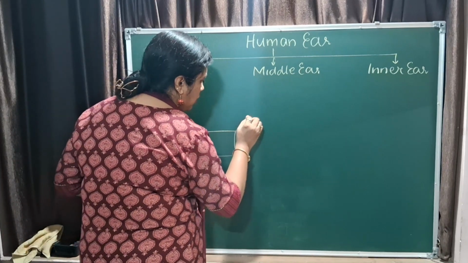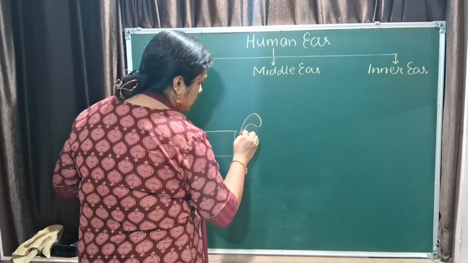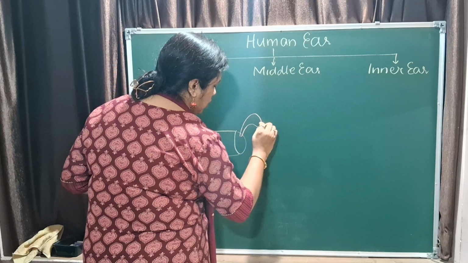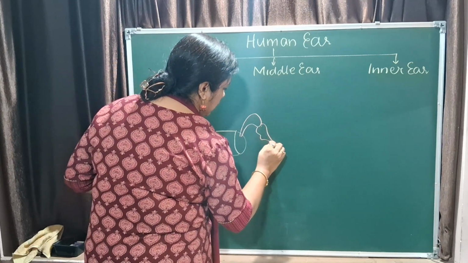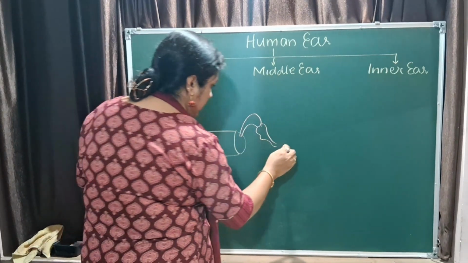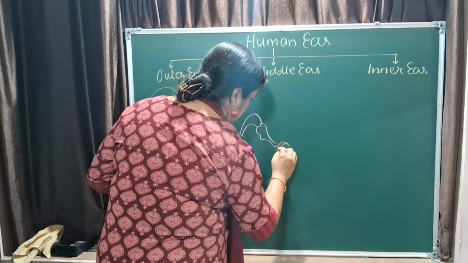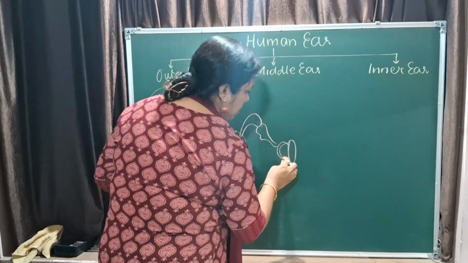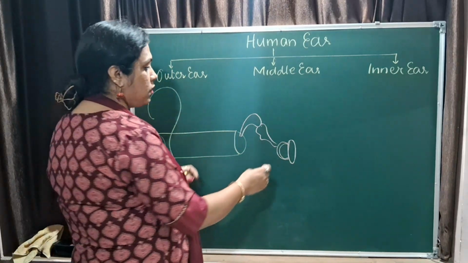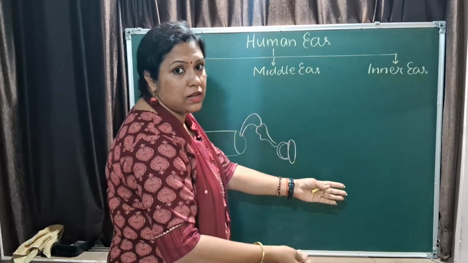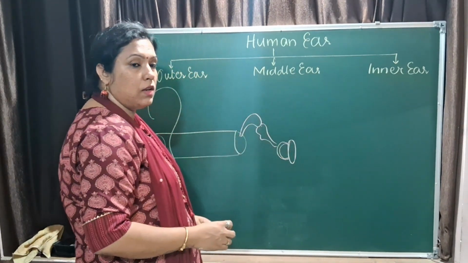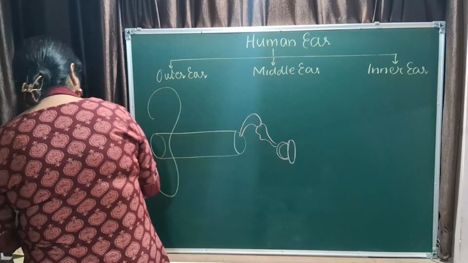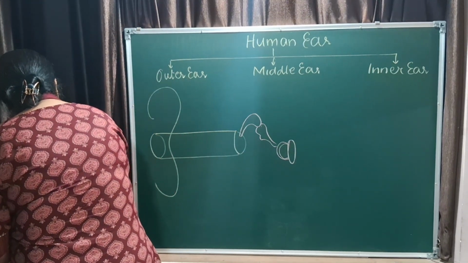The middle ear has the three ear ossicles: malleus, incus, and stapes. The stapes has a membrane-bound connection from the middle ear to the inner ear, called the oval window.